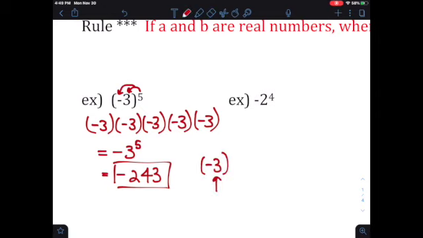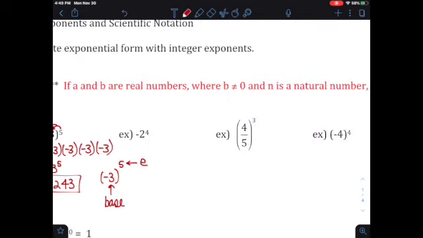You have to understand that the -3 right here, I'm going to write it down, is the base of this exponent. So if that exponent is attached to a base, the whole base is going to be multiplied by itself however many times that exponent says.